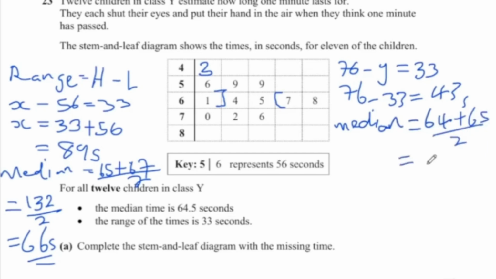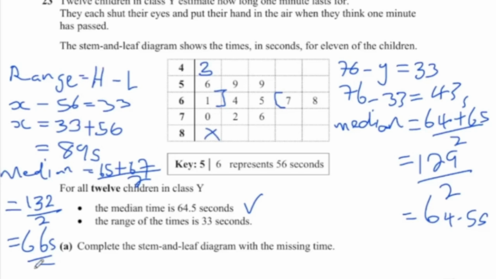So this gives us 129, divided by 2, which gives us specifically 64.5 seconds. Now remember, this is the median that we're expected to get. So 64.5 seconds. So it means that the 12th value is 43 seconds and not here.